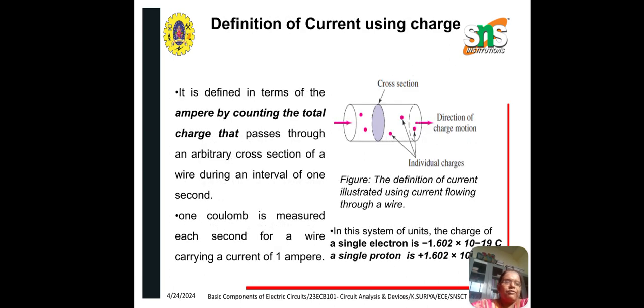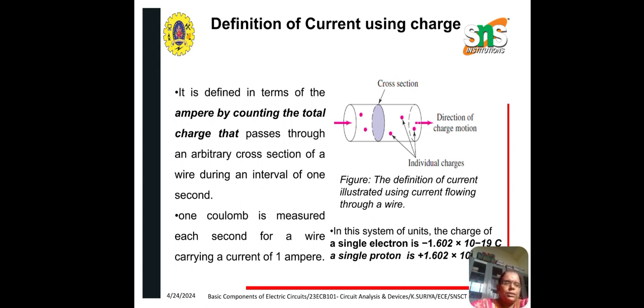Now we will see the definition of current in terms of charge. Current is defined as 1 ampere by counting the total charge that passes through an arbitrary cross section of the wire during an interval of 1 second.